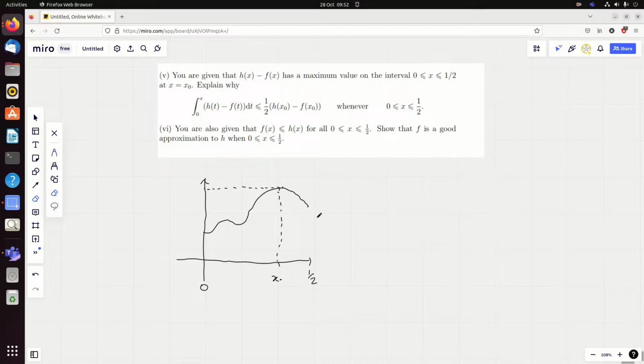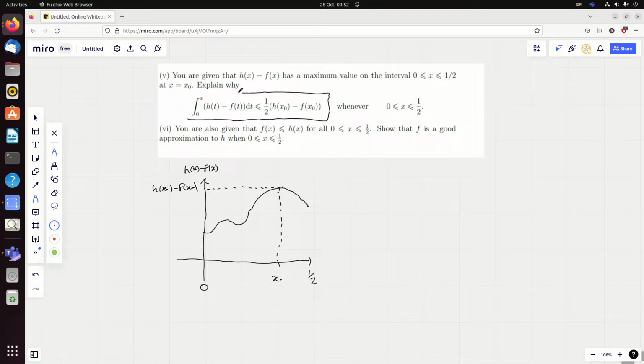So what I'm trying to say is this is the curve y equals h of x minus f of x, or if you like, the axis is h of x minus f of x. The maximum occurs, well, let's just plug x0 into our function.